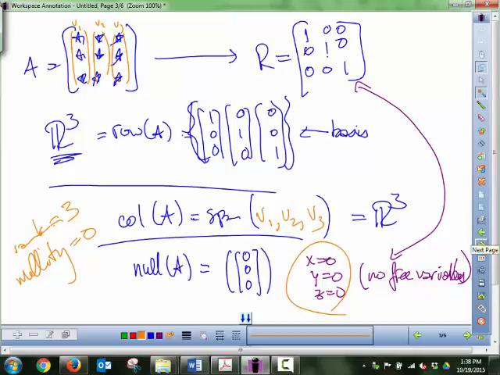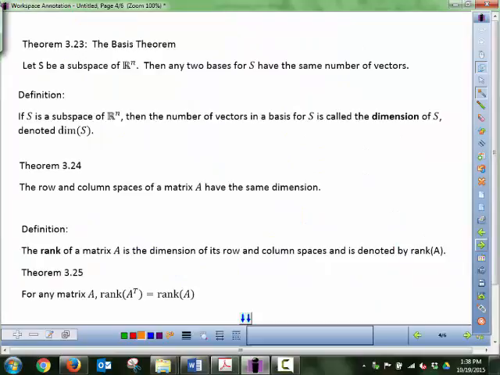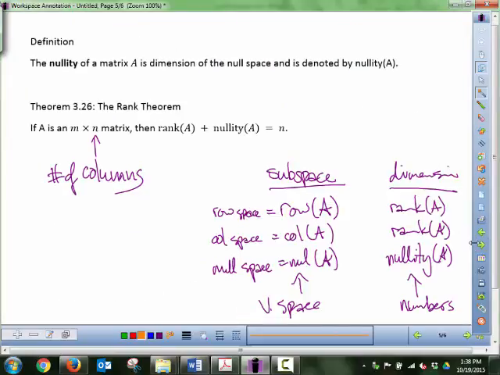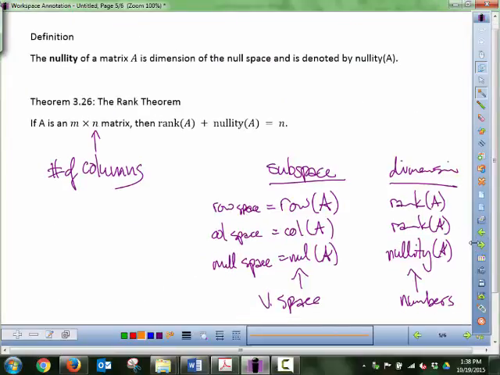Okay? So, a quick way to check if you're doing things correctly is to make sure that the rank and the nullity add up to the number of columns. Questions?